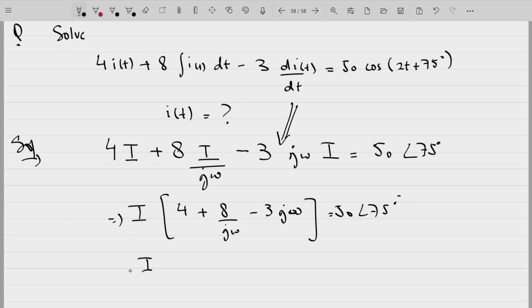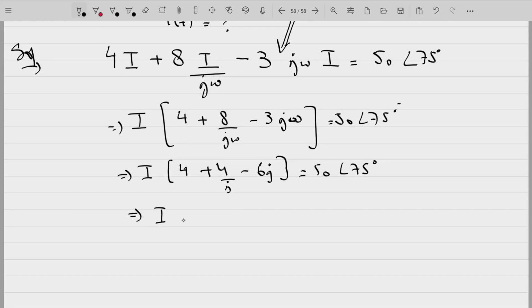So I is equal to... ω आपका ये है, ω is equal to 2. 4 plus 8 by 2 is 4 divided by j minus 3 into 2, 6j, equal to 50 angle 75 degrees, which implies I into 4 minus 10j is equal to 50 angle 75 degrees.